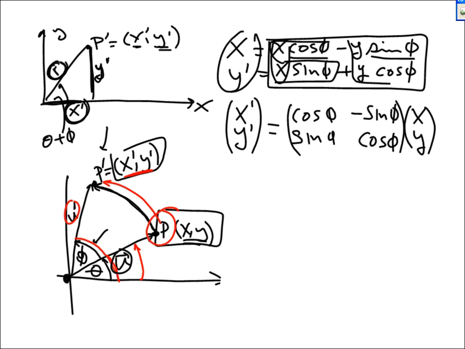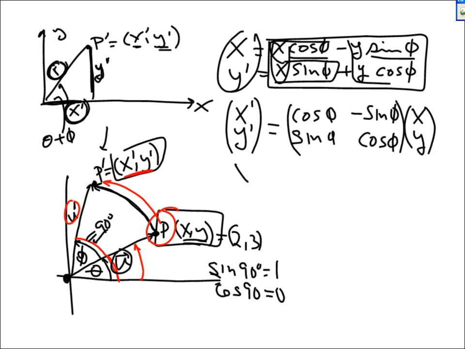If you have the point 2, 3, and you want to rotate it 90 degrees. Remember, the sine of 90 degrees is 1, excuse me, and the cosine of 90 degrees is 0.